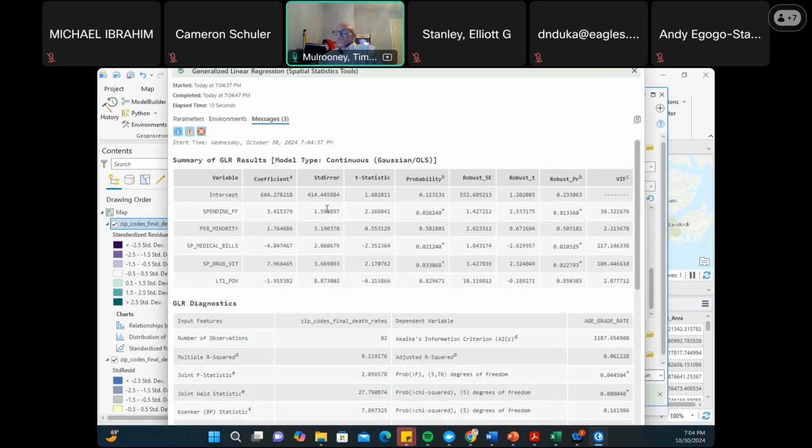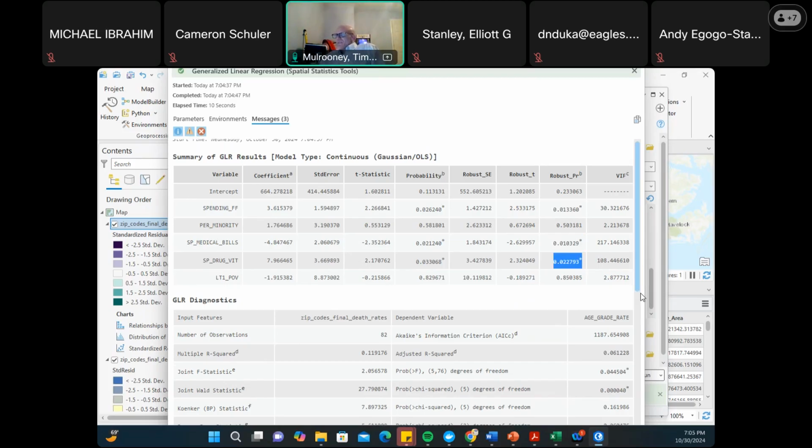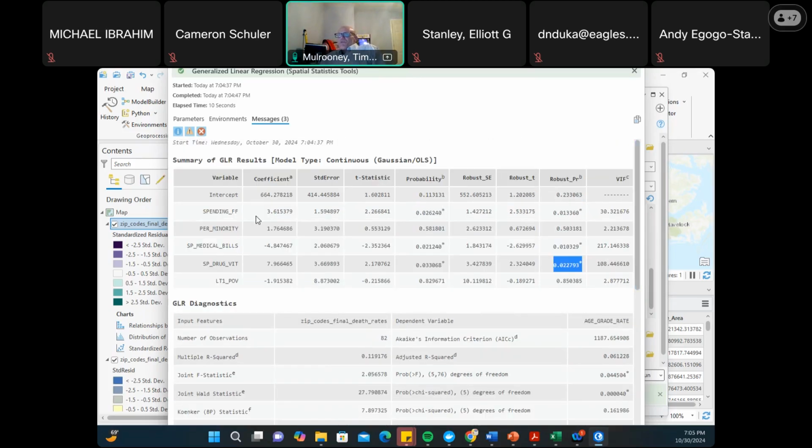So just for the heck of it, let's see what we have here. All right, here we got some probabilities on using GLR. Death rates are related to spending on fast food, spending on medical bills, negative, and spending on drugs and vitamins. People who spend more on fast food have higher death rates because you can see it's positive.